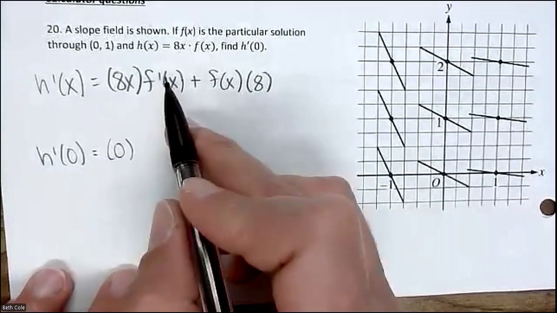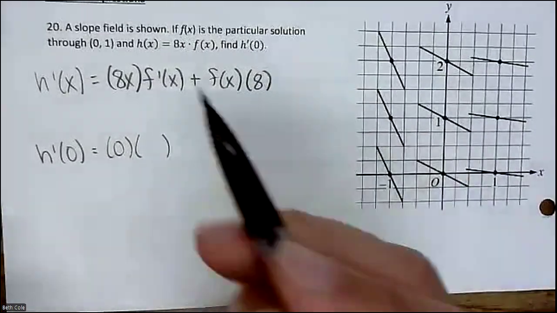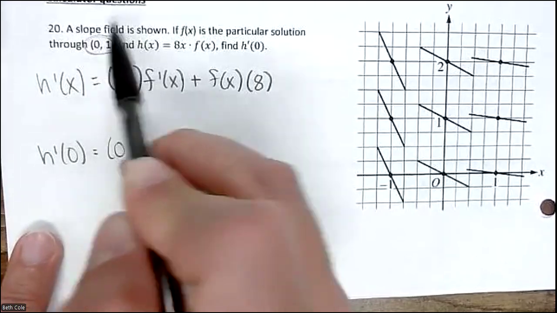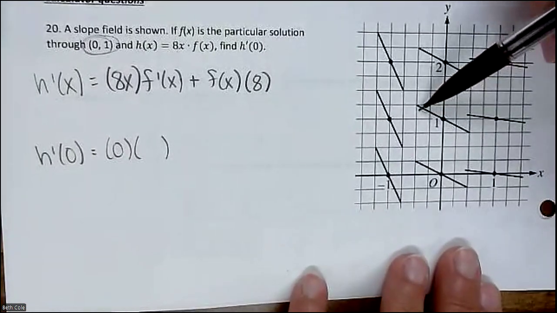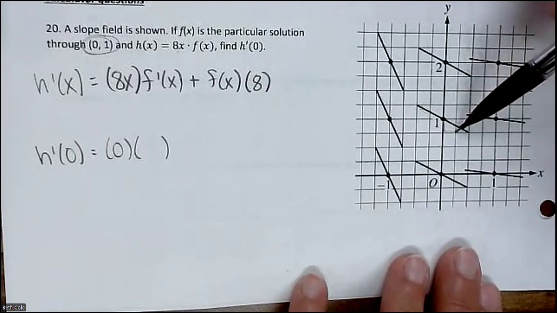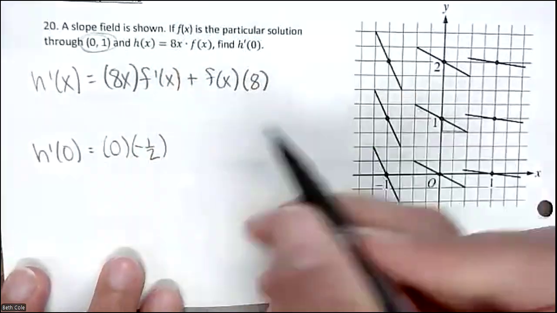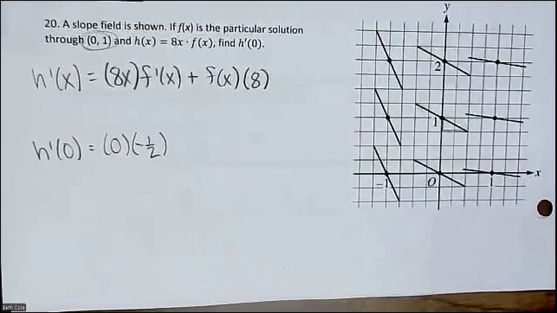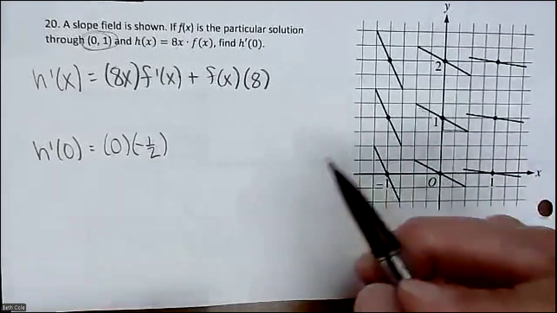So let's actually find f prime of 0. Derivative means slope. This is the point that we're looking at, (0, 1), which is right here. So you need the slope of this line. Negative 1/2. Good job. Again, I realize that whole thing is going to turn into 0, but I don't remember if it does that on your test. So I wanted to go through finding that.